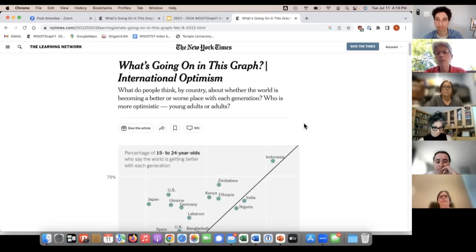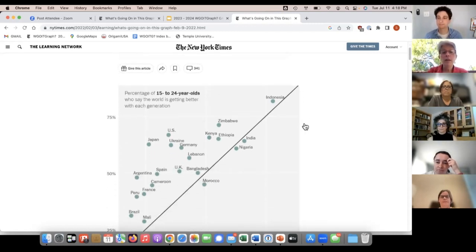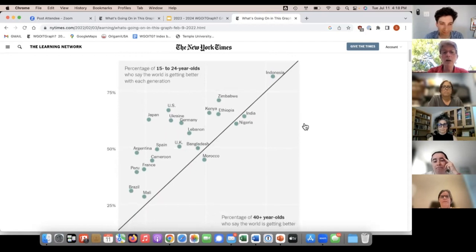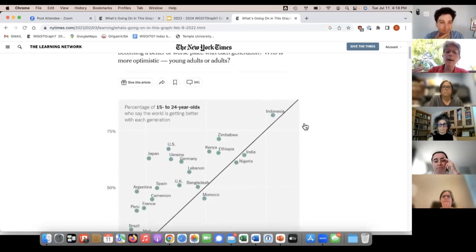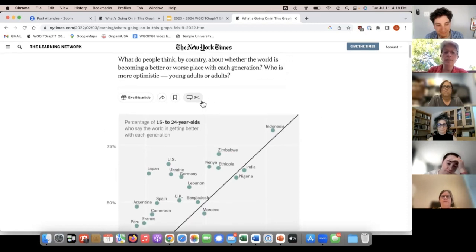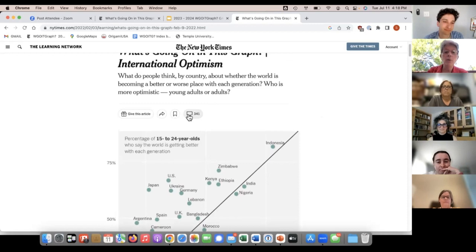Now, the way it's usually done, the best practice is the graph is shared, students talk in pairs, they talk as a whole group, and by building on each other's understanding, they get a more in-depth understanding. But here goes. We had 341 responses.